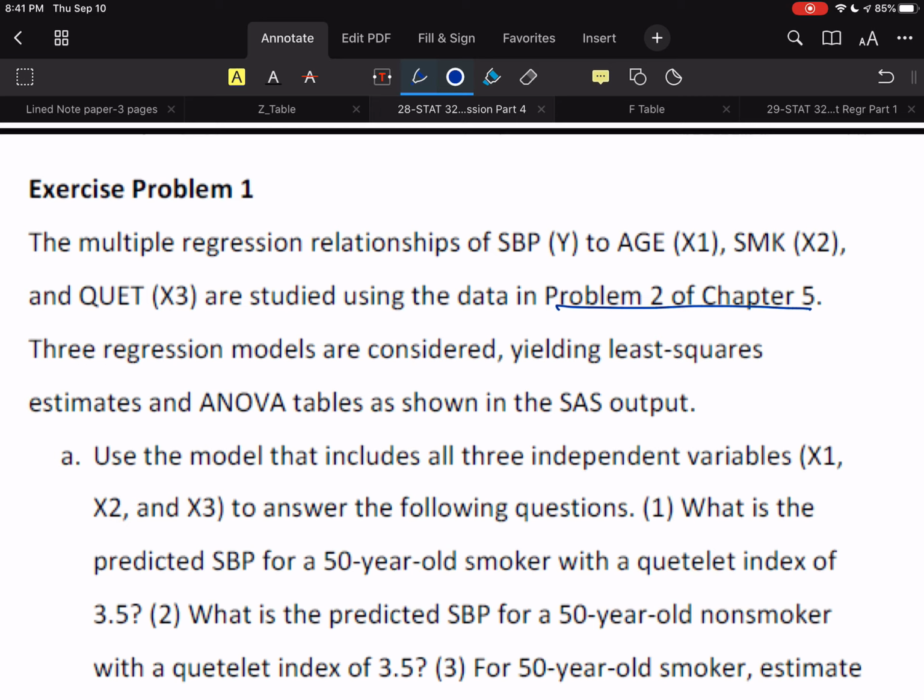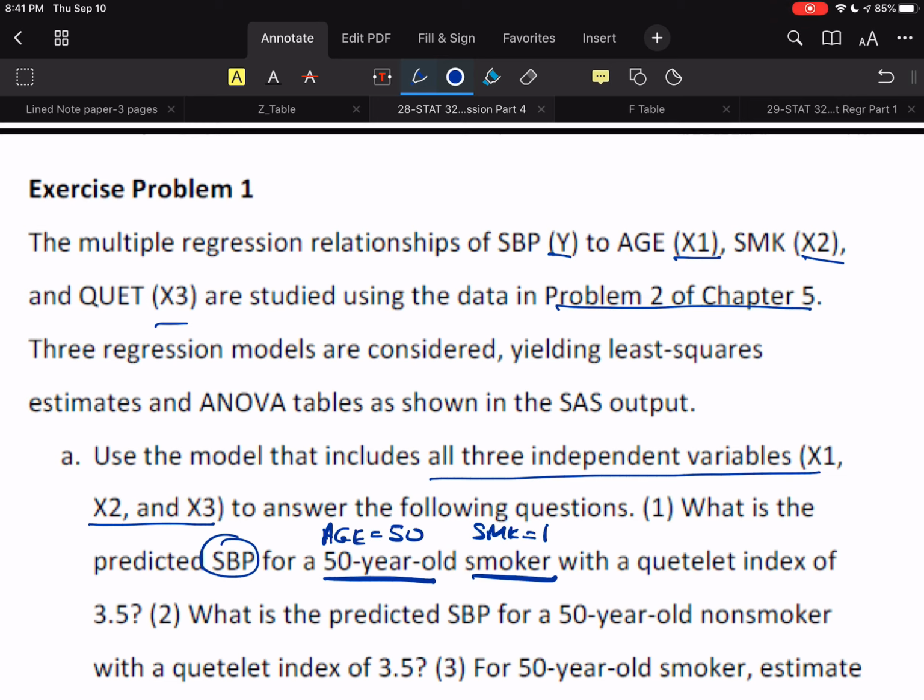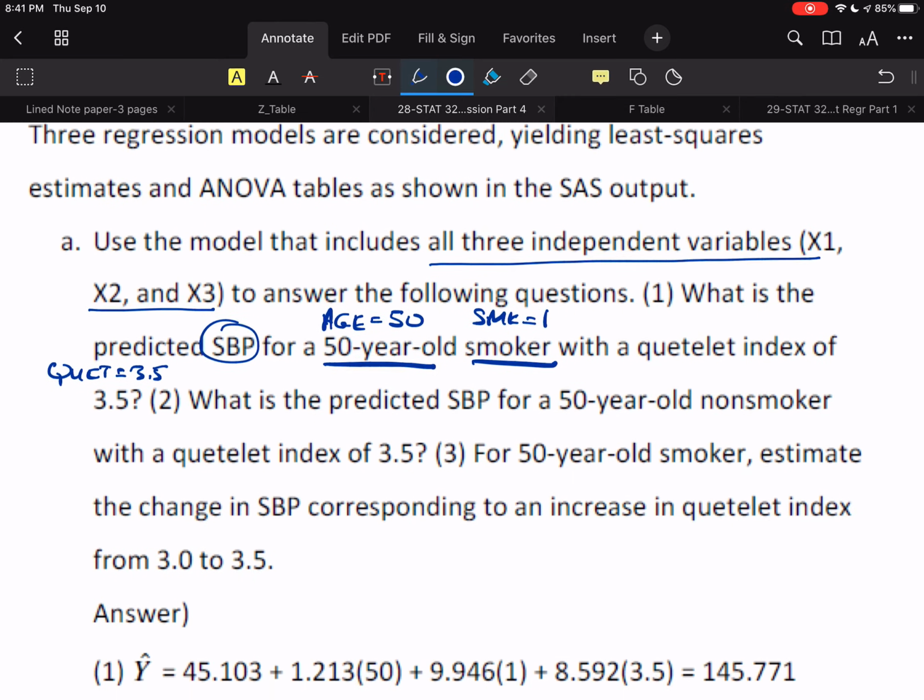So use the model that includes all three independent variables, x1, x2, and x3, to answer the following questions. One, what is the predicted systolic blood pressure for a 50-year-old smoker? So smoke equals 1, age equals 50, with a QIT index of 3.5. So QIT equals 3.5.